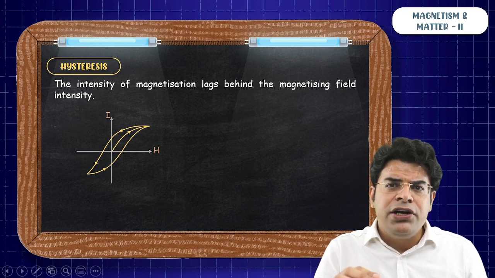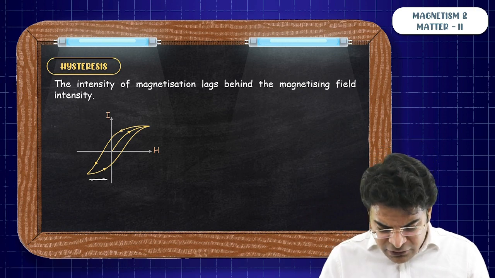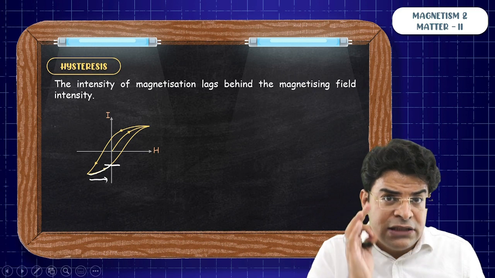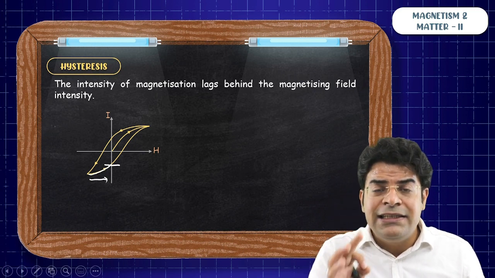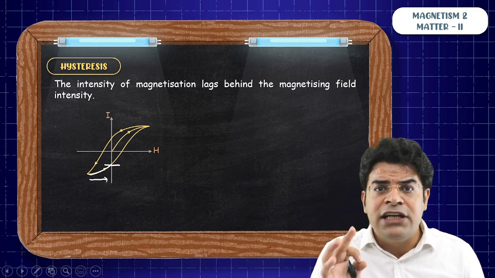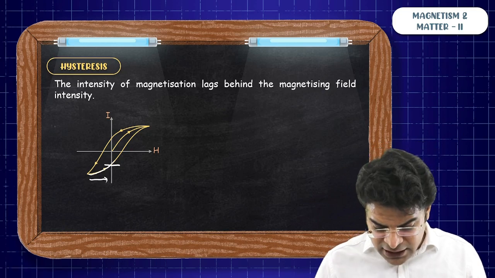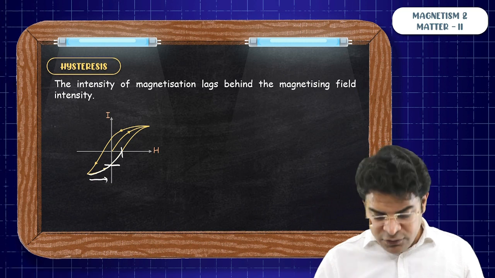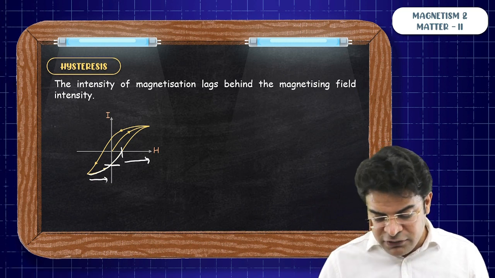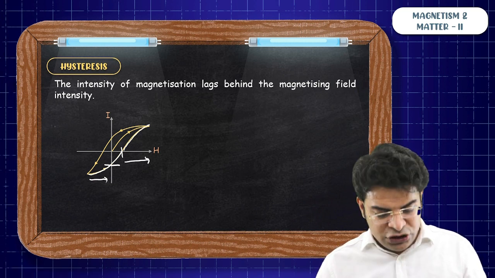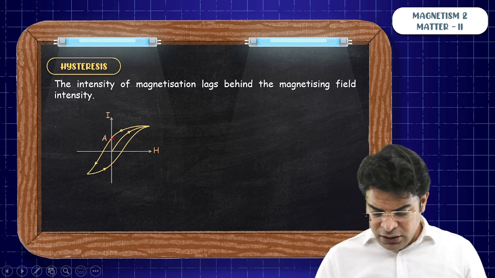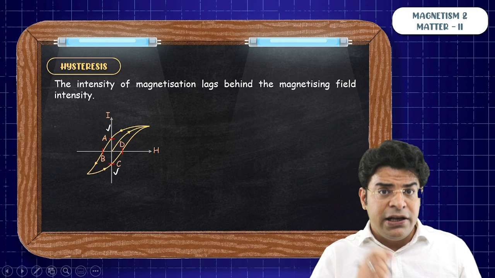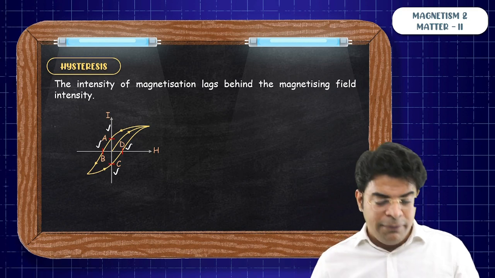Then when the magnitude of H decreases in the negative direction, I decreases in the negative direction, but still some magnetization remains even when H drops to 0. Then when H again increases in the positive direction, I drops to 0. And with further increase in H in the positive direction, this crystal again saturates. So the points A and C here represent retentivity. The points B and D here represent coercivity.